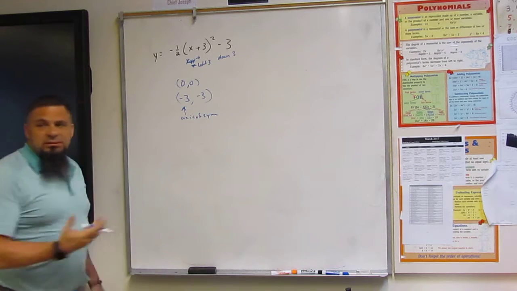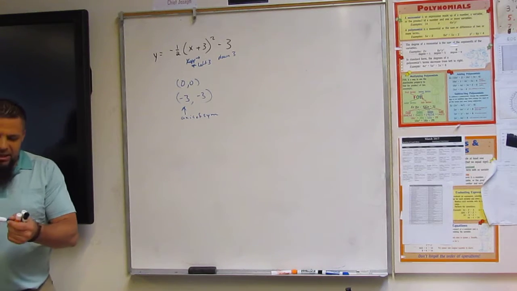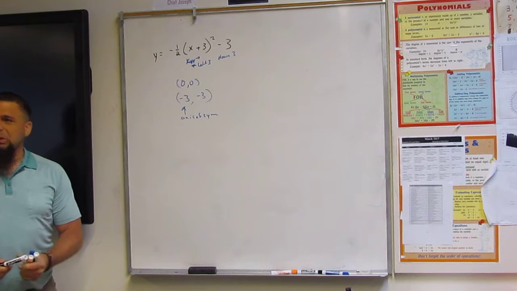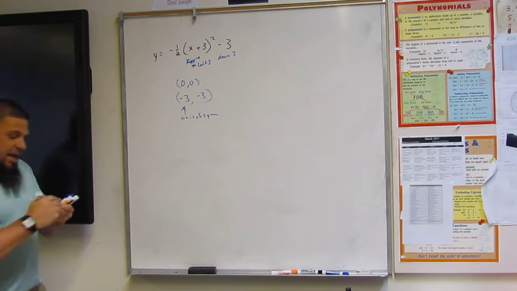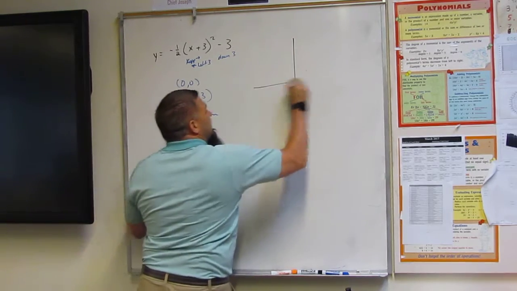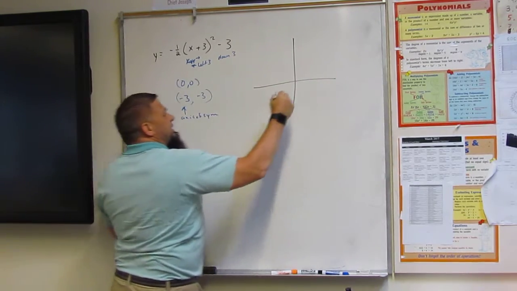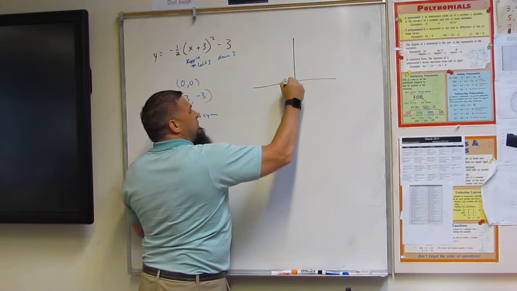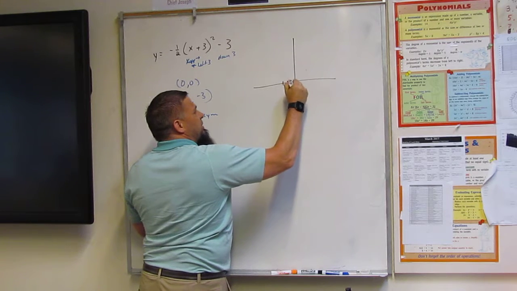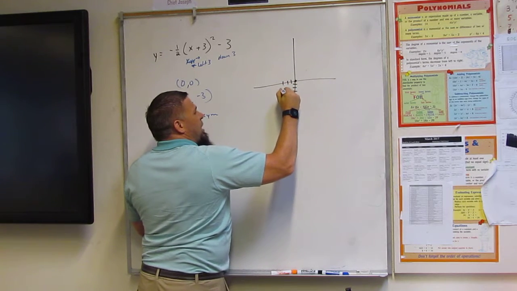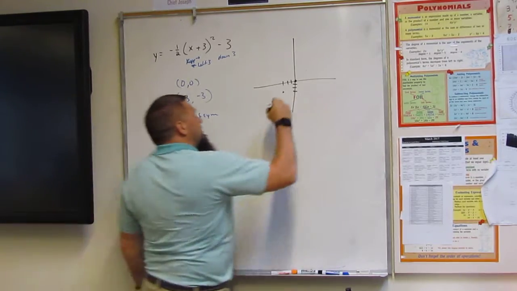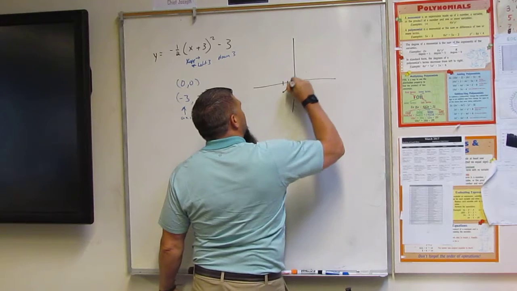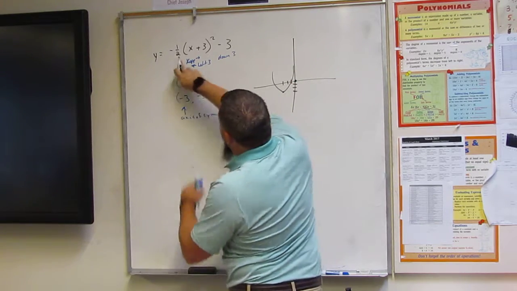So that was easy. Okay? Now they said, well, graph it. And you're like, well, that's kind of hard. Because what's going to happen is you're going to take this thing and move it. Instead of right here, it's going to be 1, 2, 3, and 1, 2, 3, right? But it's not just a normal curve anymore. Because they're going to take this normal curve and stretch it.